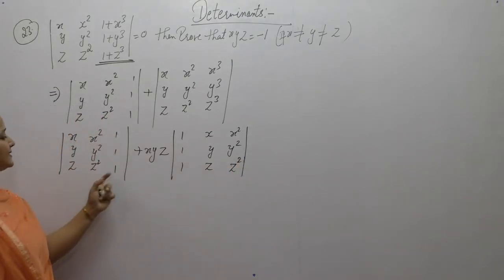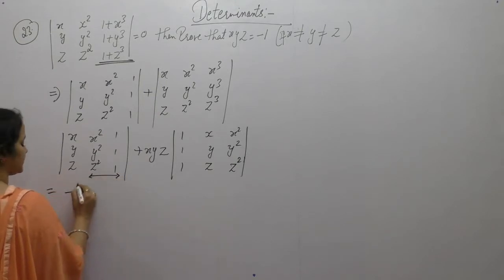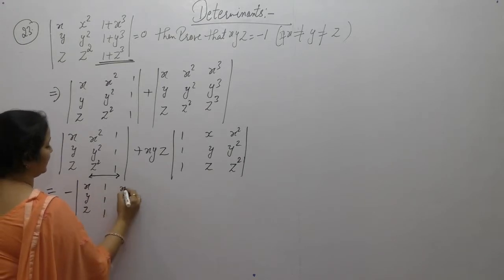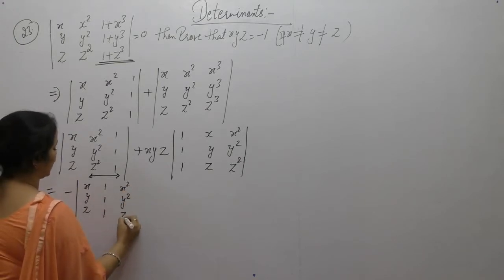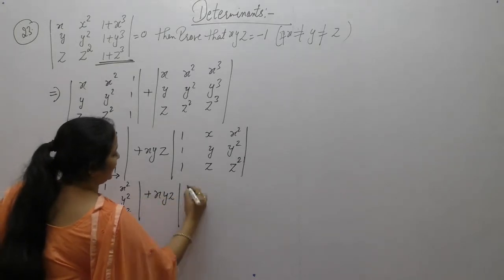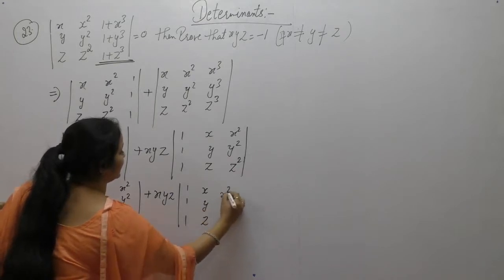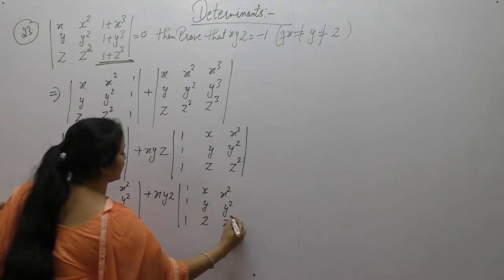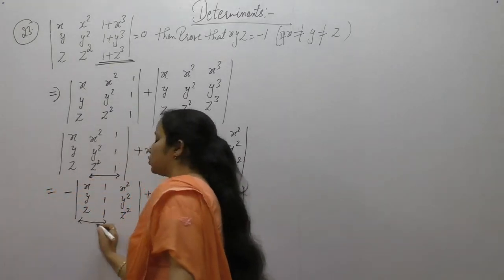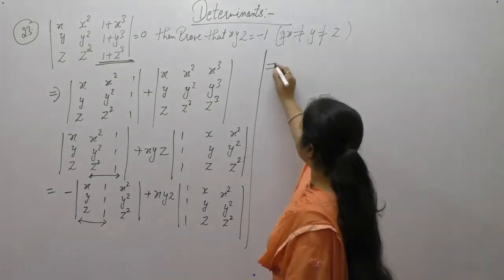Now here interchange the second and third column. So a negative sign comes here: negative of the determinant 1, 1, 1, x square, y square, z square, x, y, z, plus the determinant x, y, z, 1, 1, 1, x square, y square, z square. Now interchange these two columns C1 and C2. Again a negative sign.